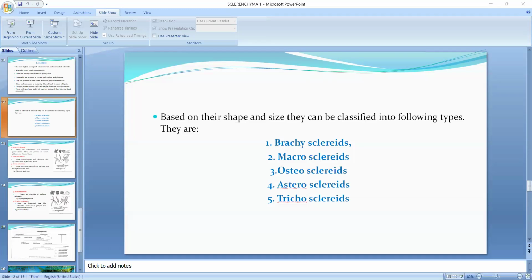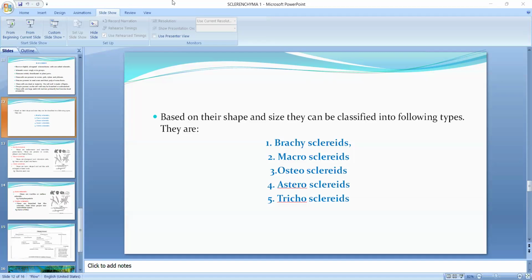Next, coming to the asterosclereids, they are star shaped. Astero means star shaped, as you observe in some pictures. They are star-shaped stellate cells found in the leaves of Nymphaea, Thea, and Trochodendron. Nymphaea petiole is already given in the slide.